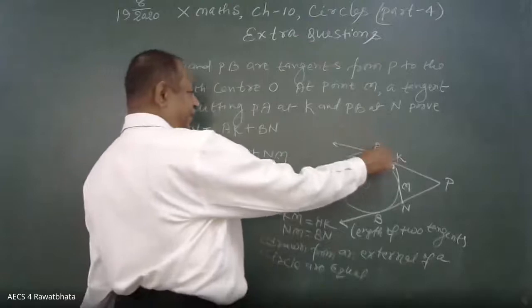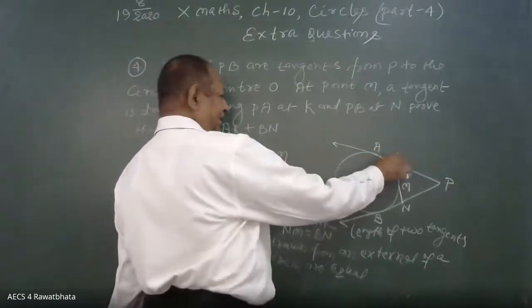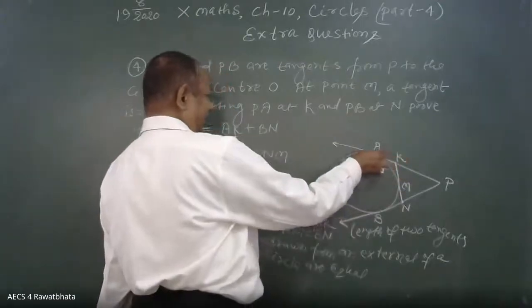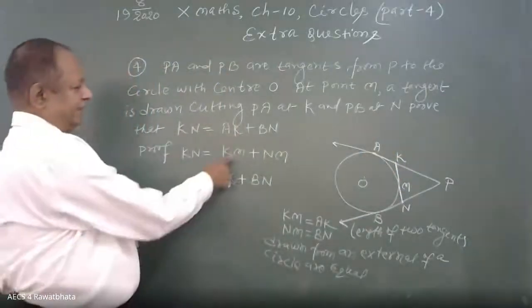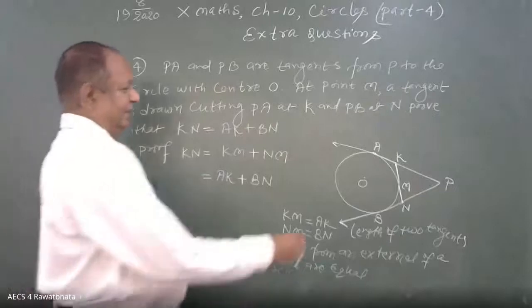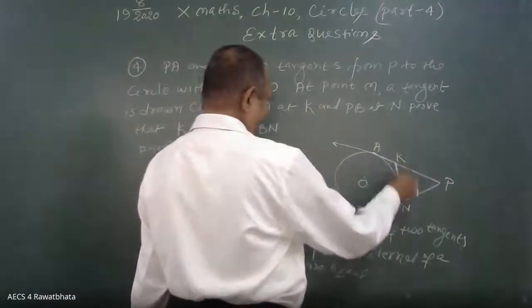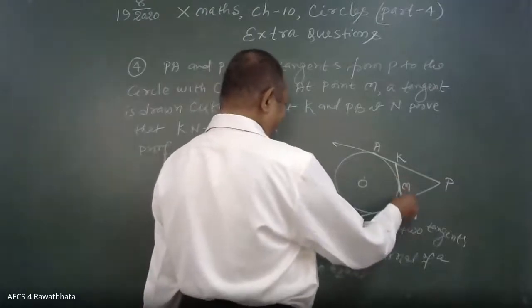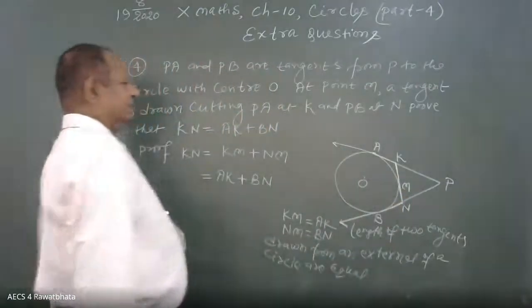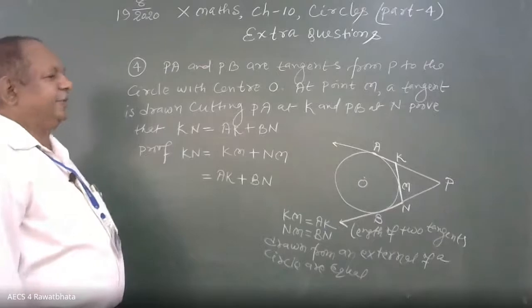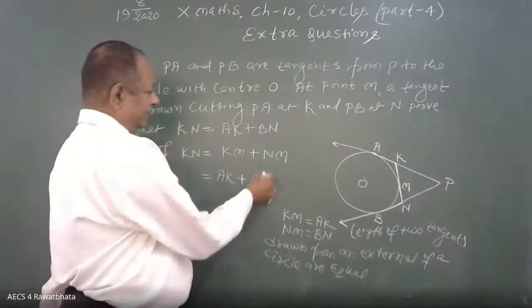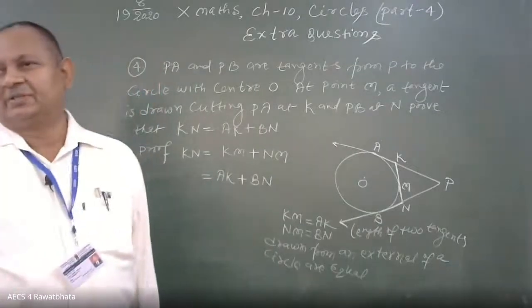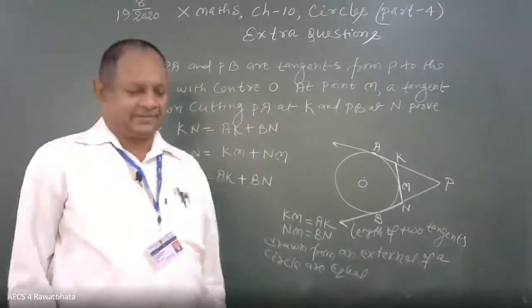So K is a point outside the circle, so KM will be equal to KA, or AK. Similarly, point N is outside the circle, so NM will be equal to BN, or NB. So these questions are of 1 or 2 marks.